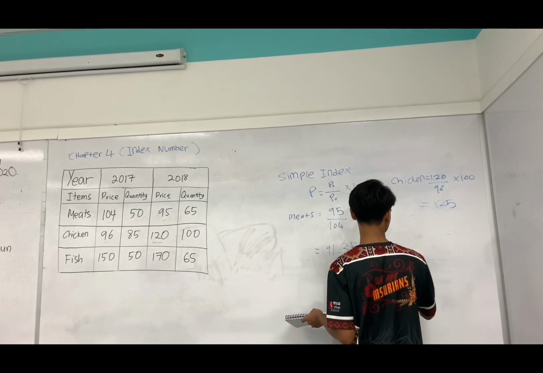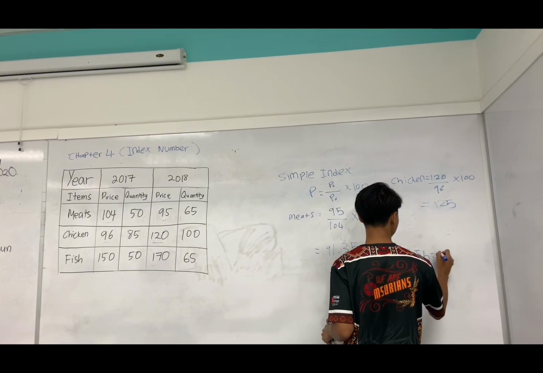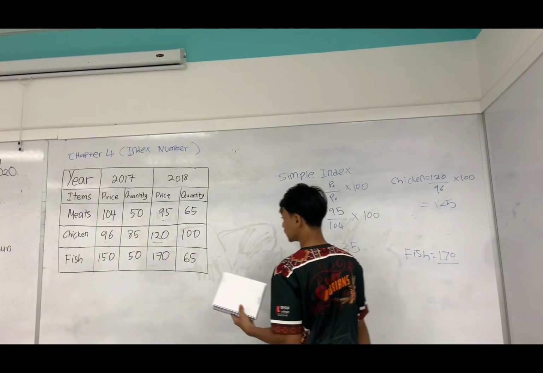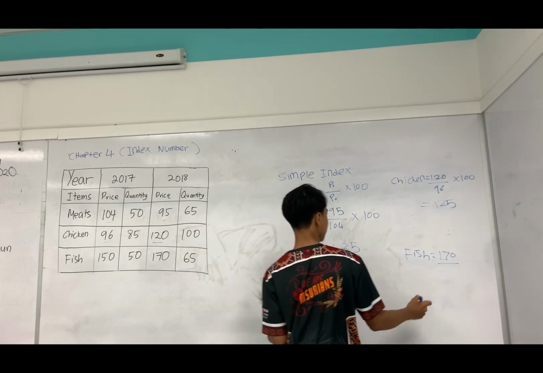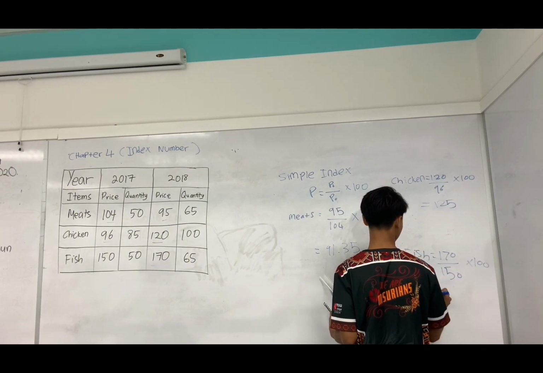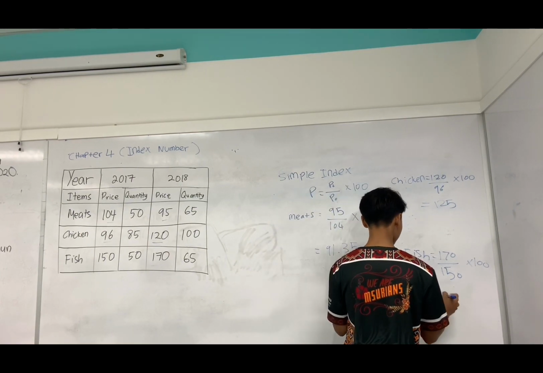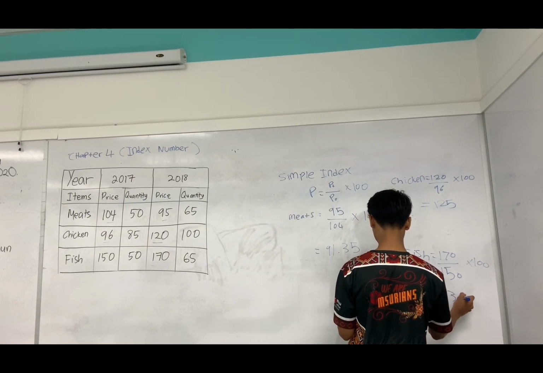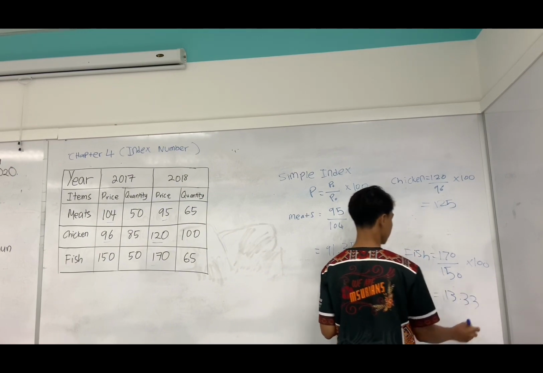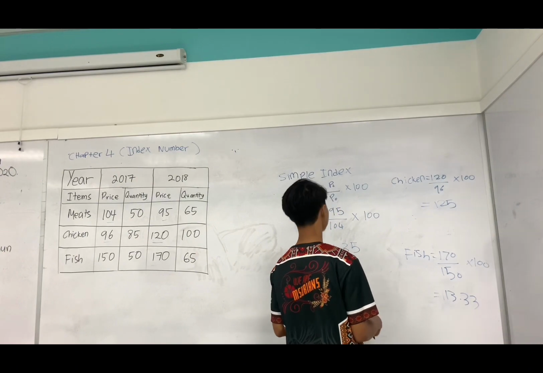The current price for fish is 170 over the previous year price, 150, multiplied by 100, and we get the answer 113.33. So this is for the first question.